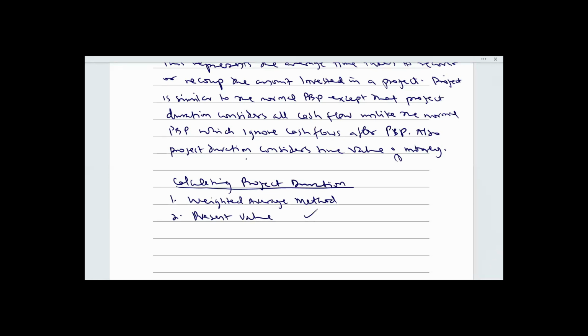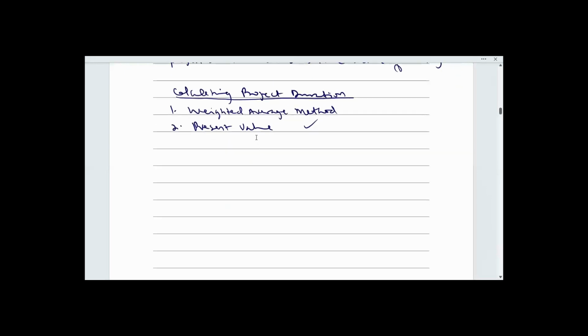I will use an example to demonstrate the two for you instead of giving you formats. Like I mentioned, whether you use the weighted average method or the present value method, you get the same answer, except for a minimal rounding error.